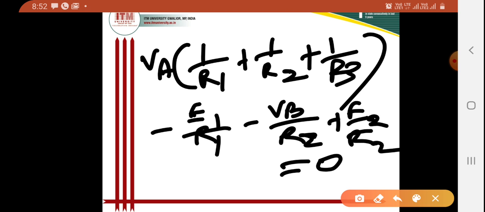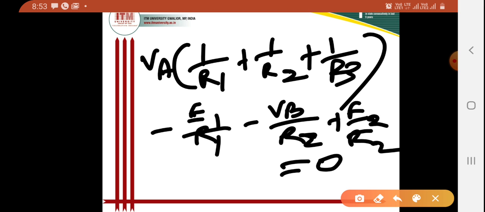The additional term, plus E3 by R2, is there because the third battery is connected so that, viewed from node 1, it represents a rise in voltage. If it had been connected the other way around, the additional term would have been minus E3 by R2 when observed from node 2 to node 1.